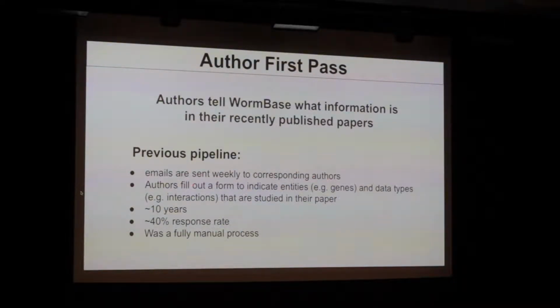In our previous pipeline, we would send emails out on a weekly basis to corresponding authors and ask you to fill in a form, listing the gene names that are in your paper, the variations, or the data types such as interactions. We had about a 40% response rate over the years, which is good, but we'd love to have it be better. But the point was, this was a nearly fully manual process for authors.